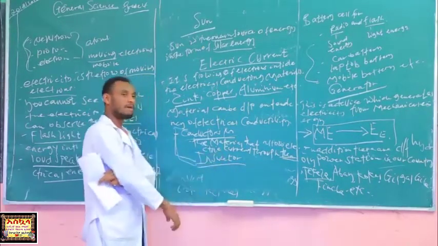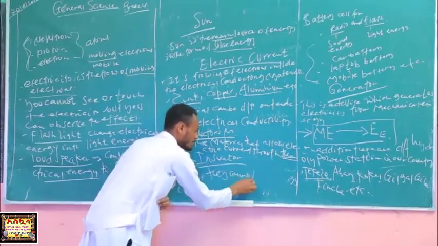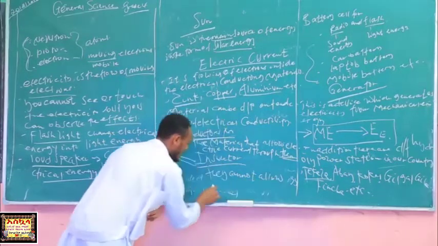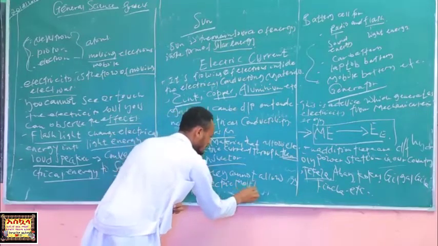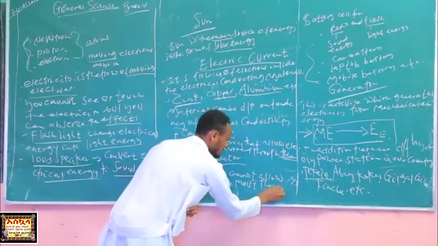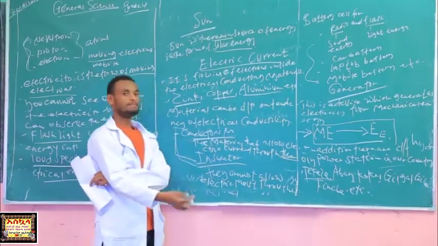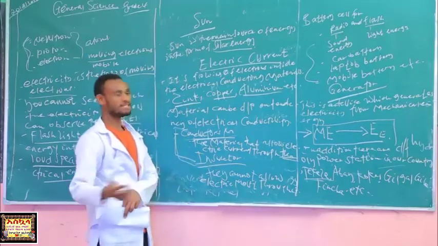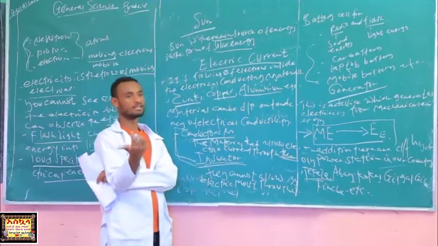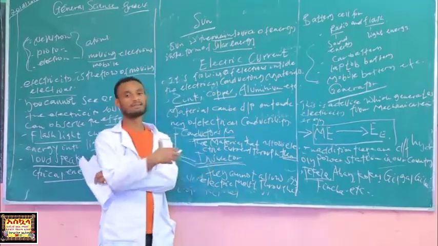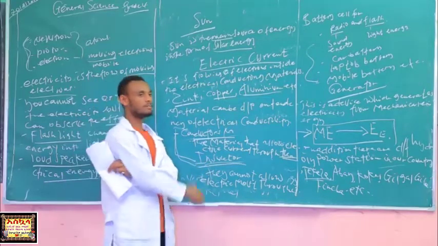Insulators, vice versa, cannot allow electric movement through them. Examples: wood, tree, papers, plastics are called insulators, which cannot allow electricity to pass through them.